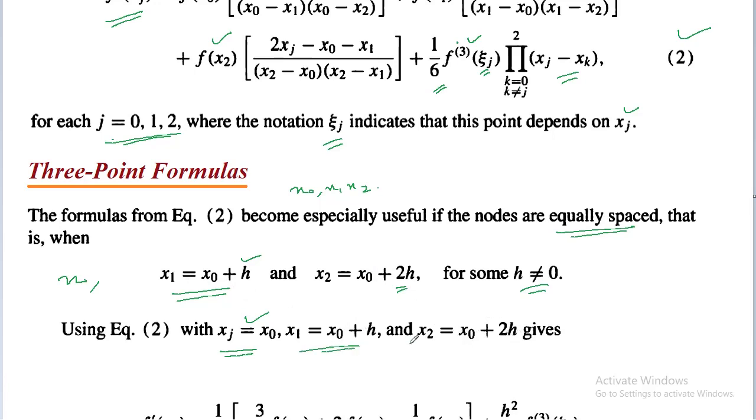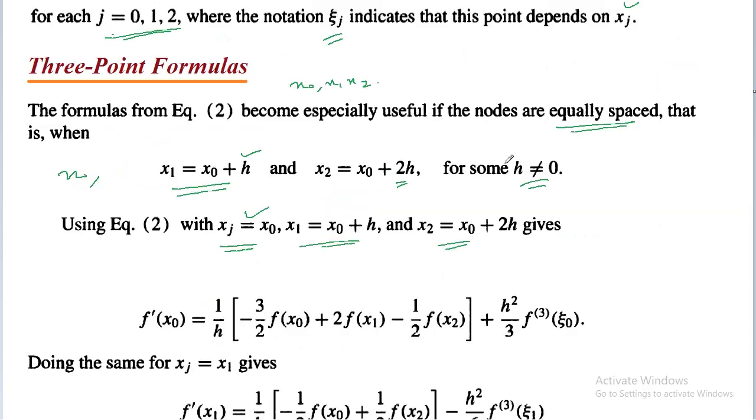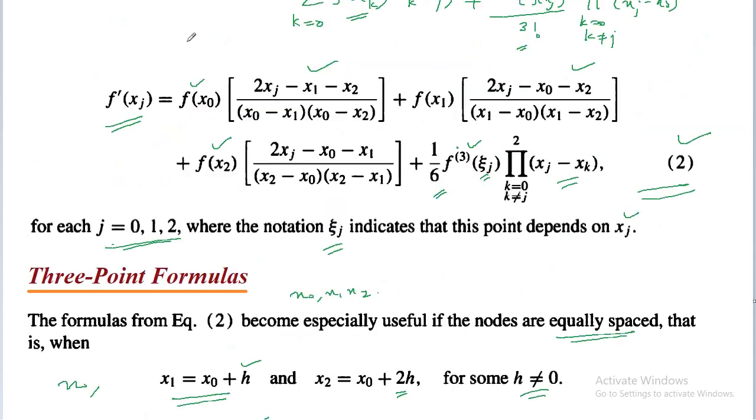Replacing these values in equation number 2, we get f dash of x naught is equal to 1 by h, where we are replacing xj by x naught, right? So f dash of x naught is equal to f of x naught into 2x naught minus x1.